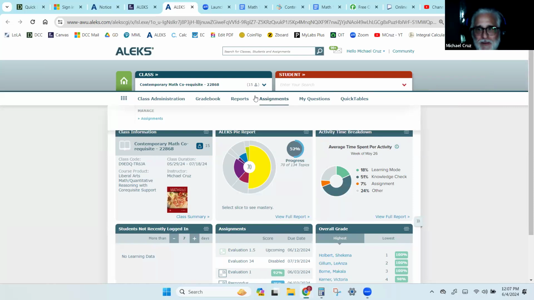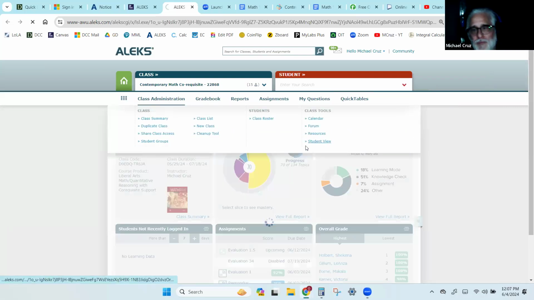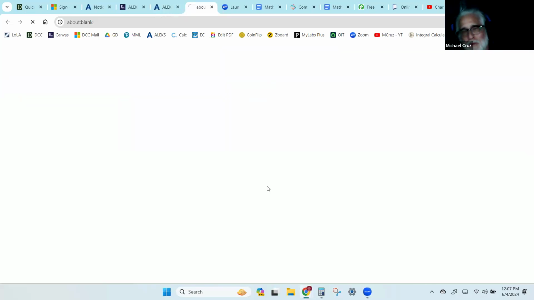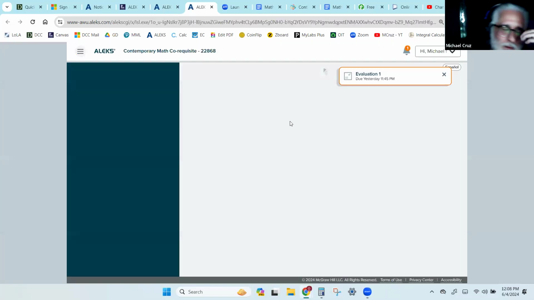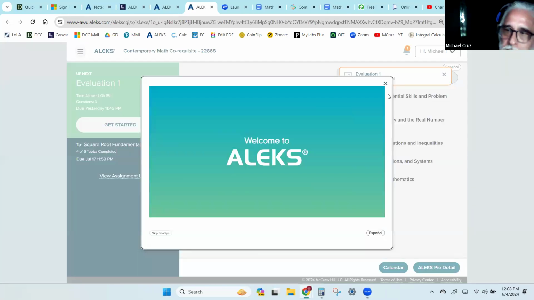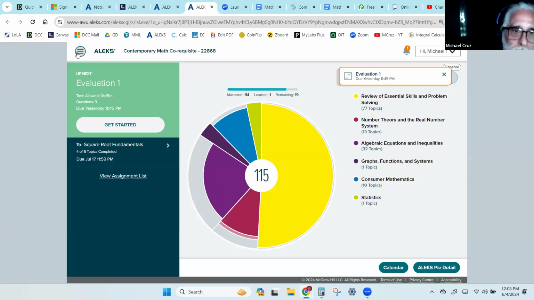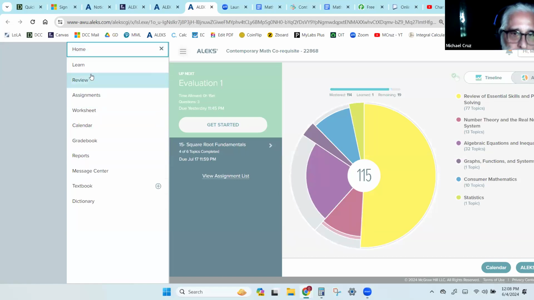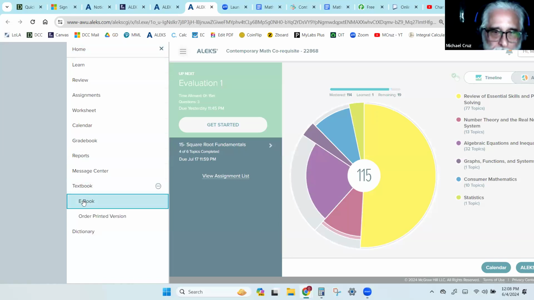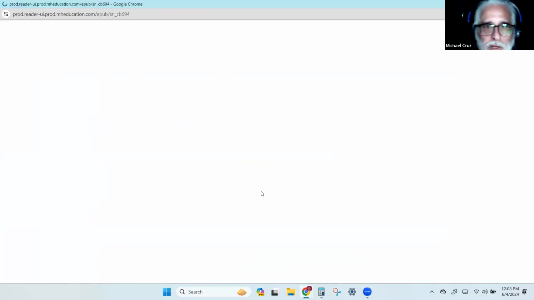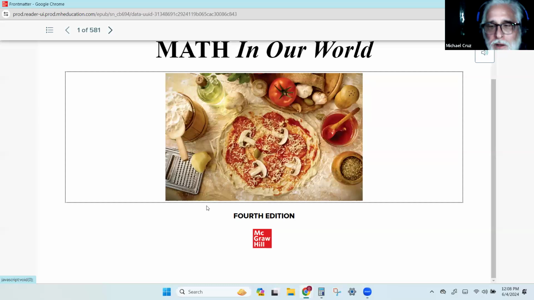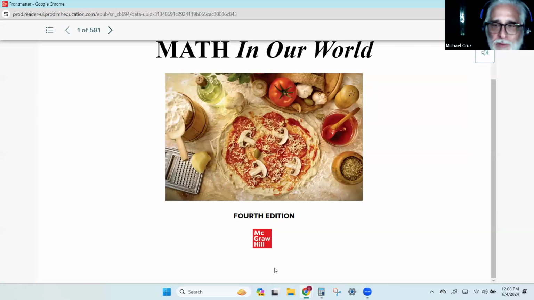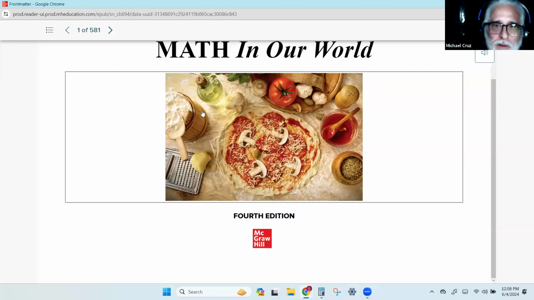Let's see if I can do a student view. Anyway, you go here. Where is it? Textbook. And that brings up what I'm showing you. I like mine better for teaching, but this has got problems in it, so I go over there and steal those.